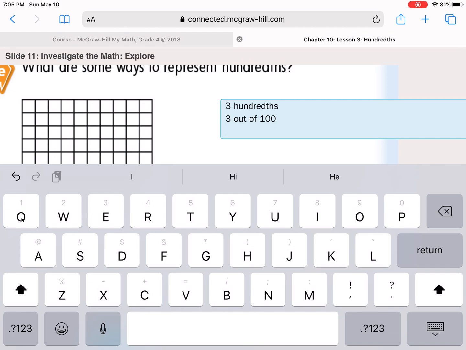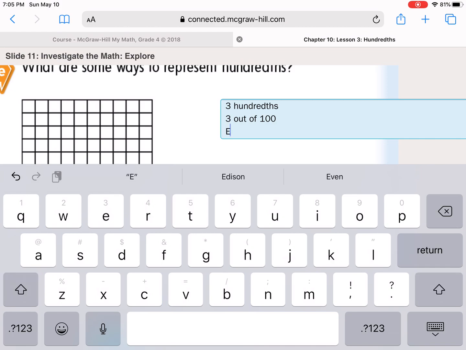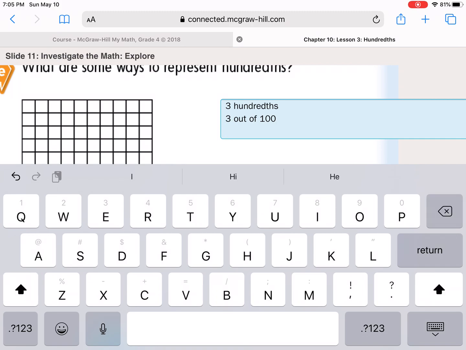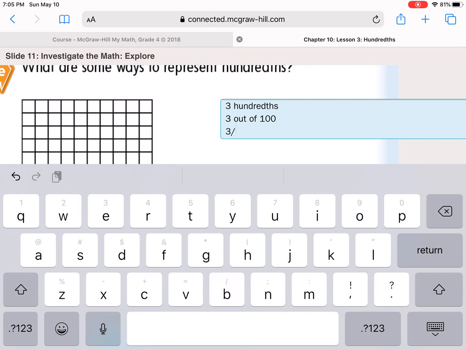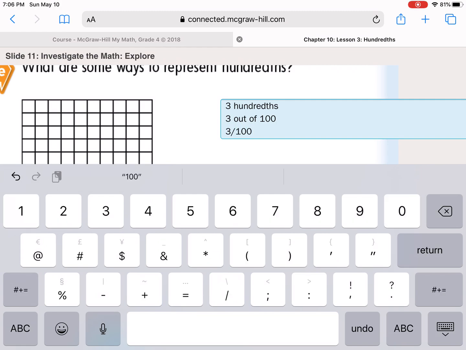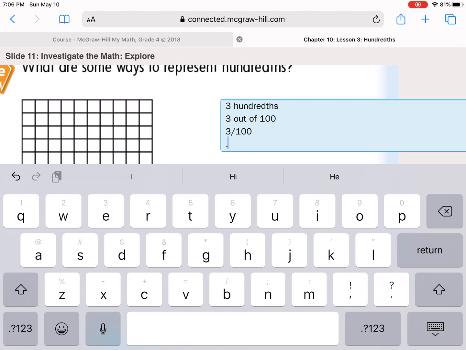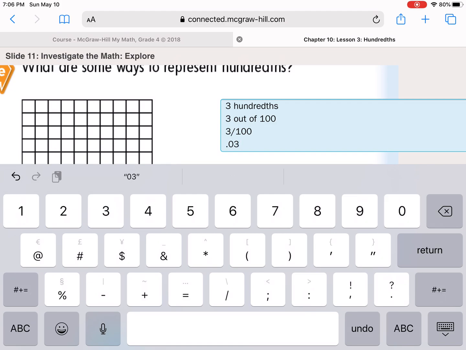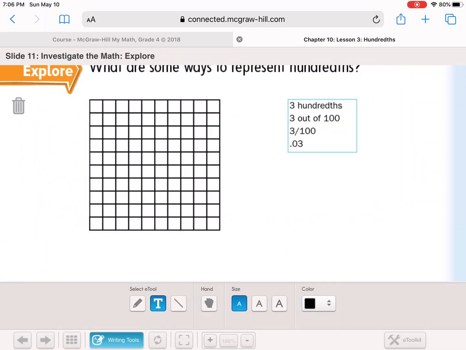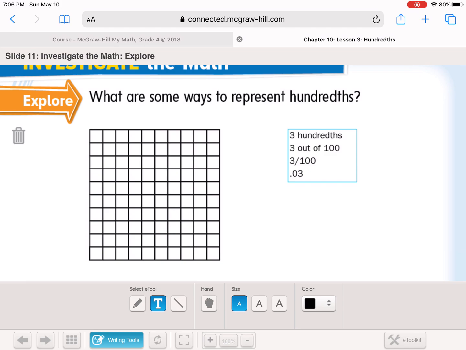We could say 3 slash 100, right? A fraction, 3 hundredths. Or we could do 0.03, okay? Those are all ways to represent hundredths. We can do it in words, we can do it in fractions, we can do it in decimals.